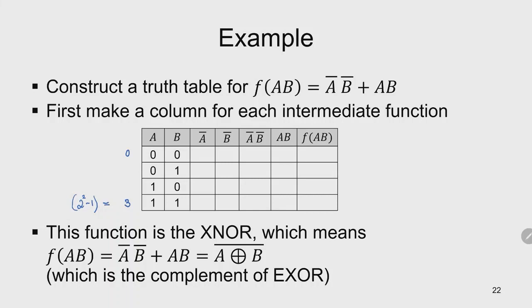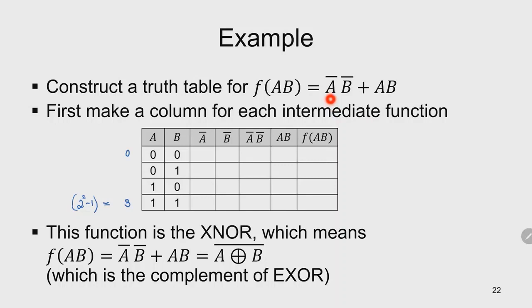That gives you all the combinations. You can see that this logic has an A bar and a B bar. So the best practice to work out the truth table is to work out the intermediate logic.